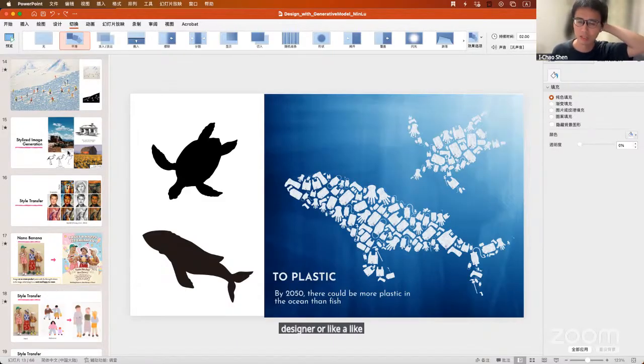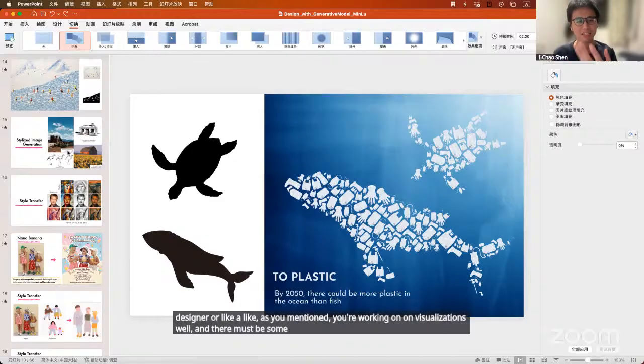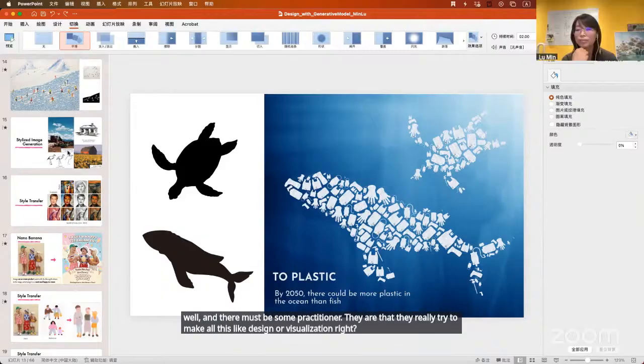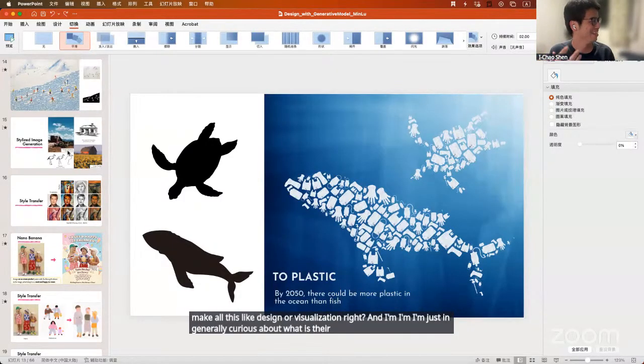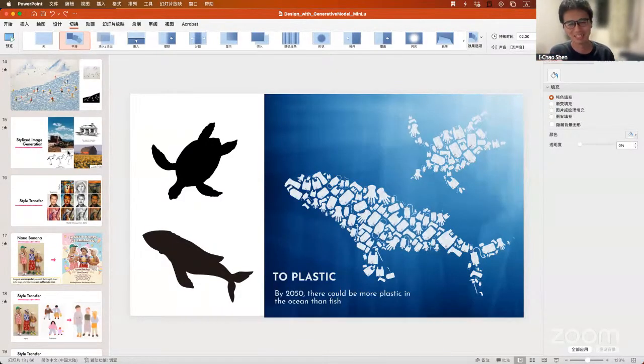As you mentioned, you're working on visualization as well, and there must be some practitioners who really make these designs or visualizations. I'm just in general curious about their feeling or thoughts about this algorithm.